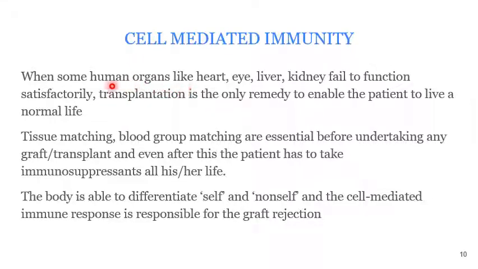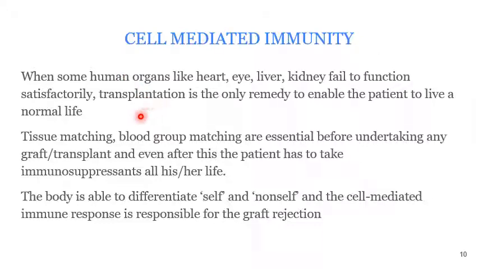Transplantation is a process in which some human beings may get new organs from donors. You know, when young people die, they donate parts like heart, eye, liver, kidney, and all these things. And this will be grafted into human beings whose body organs are not functioning or are dead. That's called grafting.